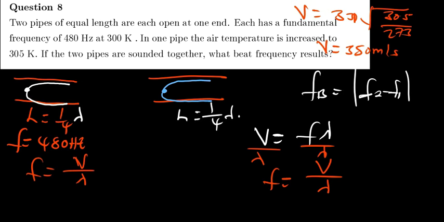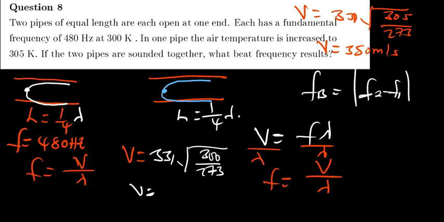But first, I don't have the velocity, so I have frequency equal to V over lambda. I can get the velocity if I use 300 Kelvin. So V is equal to 331 times the square root of 300 divided by 273, the square root of this is 1.048284837.